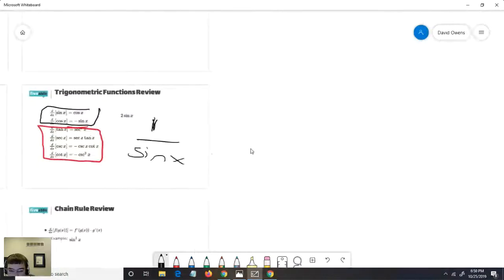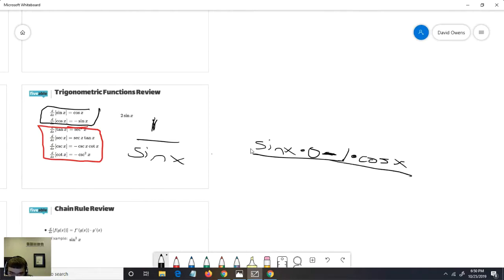All right, so we're going to do a similar quotient rule, like we did for secant. So it's going to be the bottom times the derivative of the top minus the top times the derivative of the bottom, over the bottom squared.